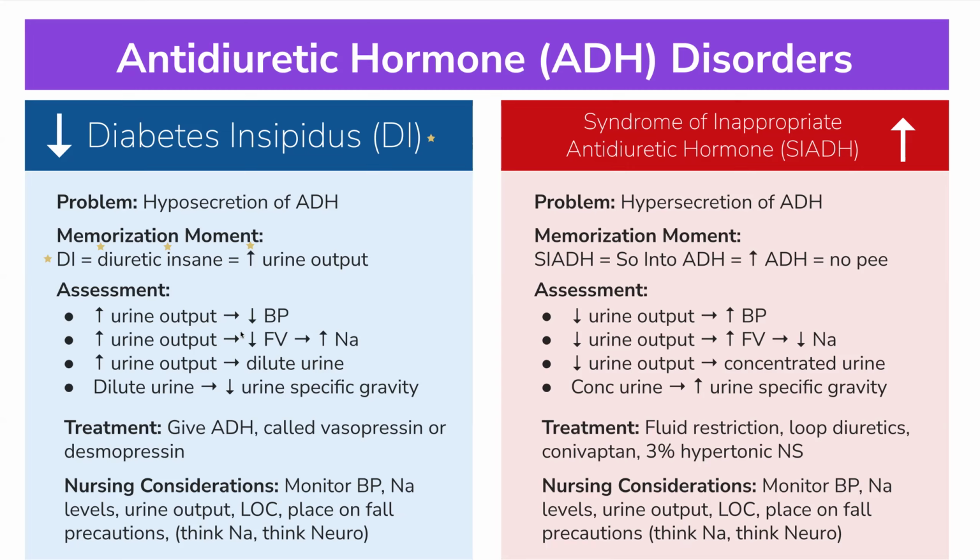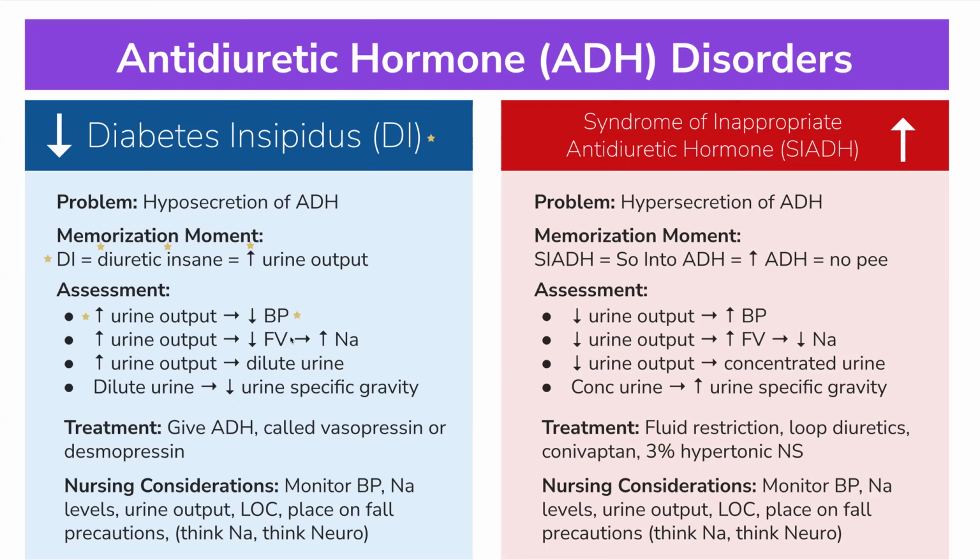All right, one more time. Antidiuretic hormone makes you not pee. Make sure you memorize that. Diabetes insipidus is when ADH is too low. Diabetes insipidus is DI, which stands for diuretic insane. They are peeing like crazy. That means they have increased urine output. If they are peeing a lot, it's going to drop their blood pressure.